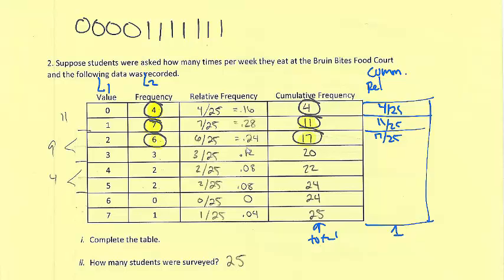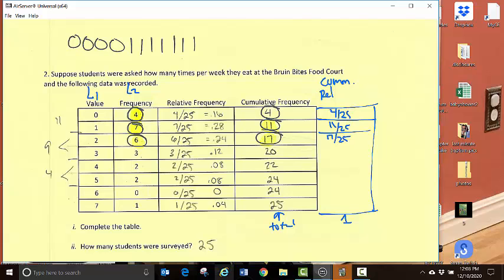And then cumulative relative is the percent of those added up numbers. Cumulative should add up to the total number of kids surveyed, and cumulative relative should add up to 100% of the population or the sample. You could get the data for these things by putting it in your calculator.